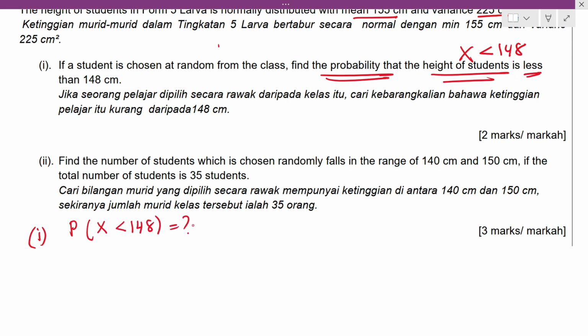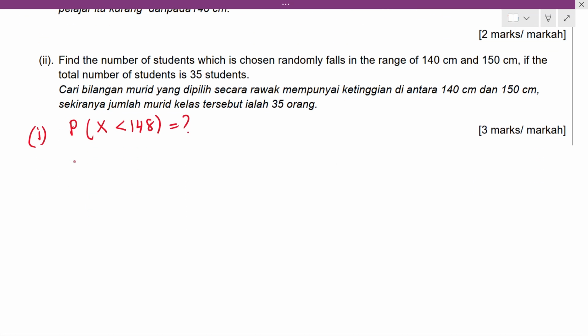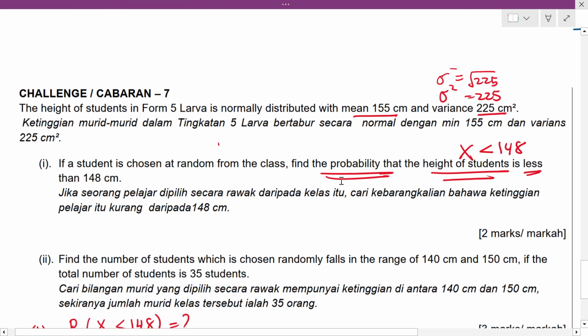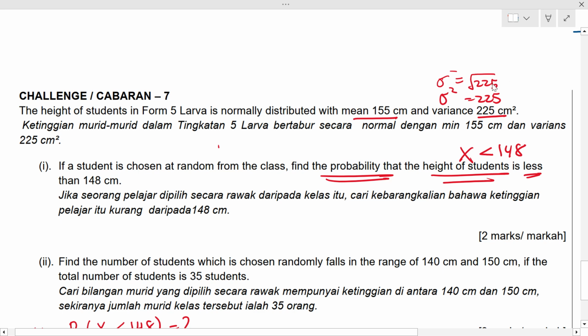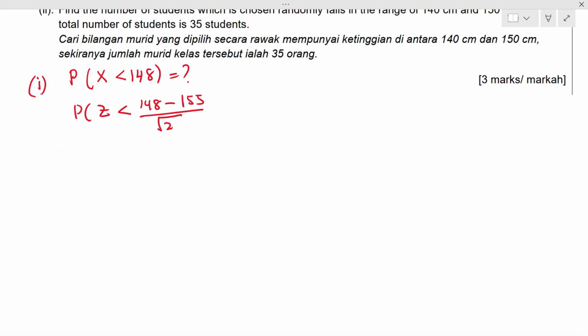Quickly turn this into your standard form. What is your mean just now? 155. What is your standard deviation? The square root of 225, you can simplify if you can, or just write like that. Square root 225 also can, no problem. Put in your calculator, make sure you give the answer in 3DP.